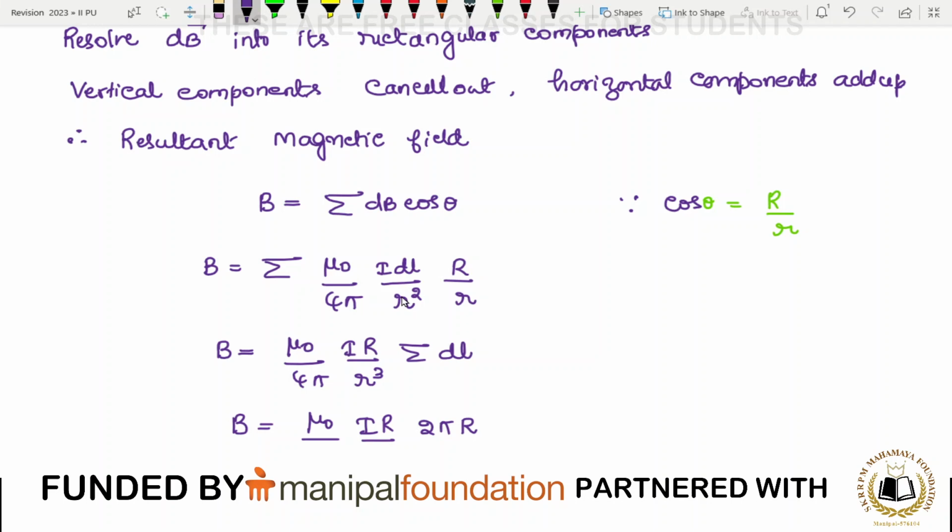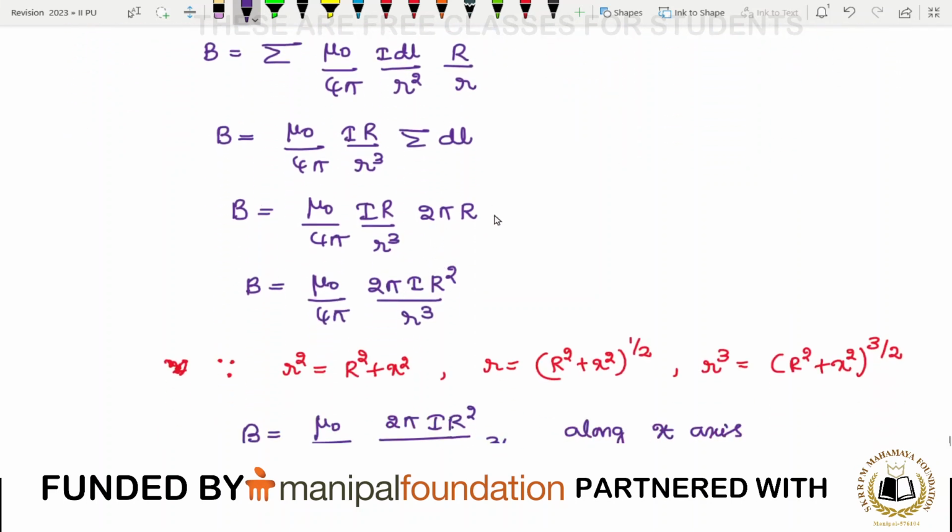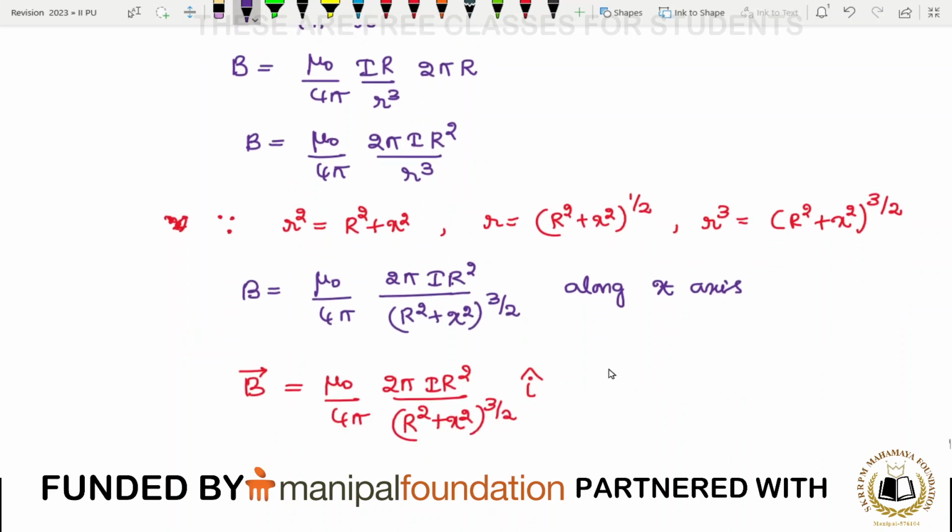Sigma dl is the complete length of the loop, that becomes 2 pi R, and R into R becomes R square. The denominator is r cube. What is r square? Capital R square plus x square. So small r is R square plus x square to the power half, and r cube is R square plus x square to the power 3 by 2.